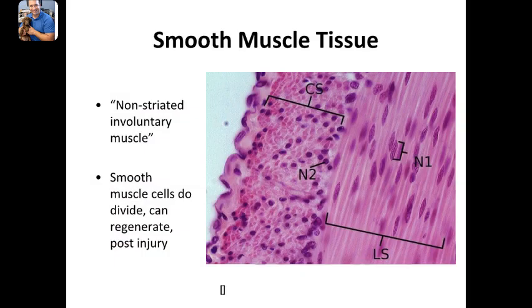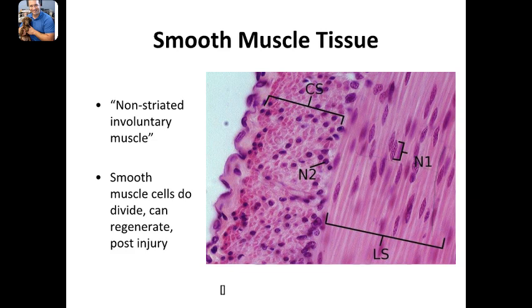Smooth muscle is right here in this section, from here to here. That's what smooth muscle looks like in its longitudinal presentation. Here we've cut that smooth muscle and turned it the other way, so we're looking at it on end.